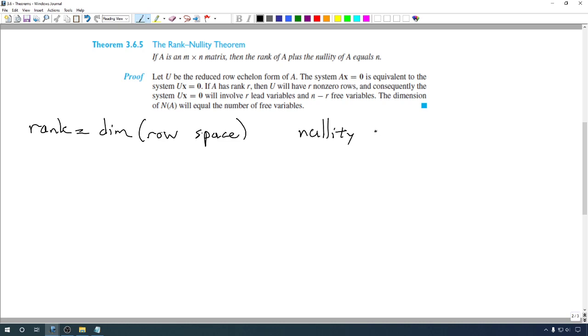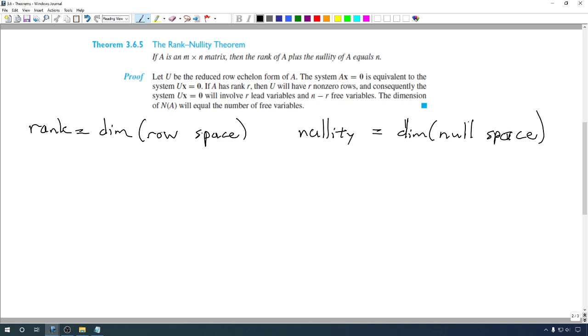The nullity of A is the dimension of the null space. Hopefully the names of those will point you in the correct direction. Nullity obviously has to do with the null space.